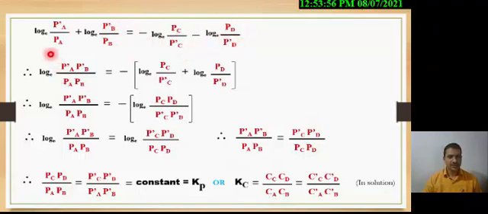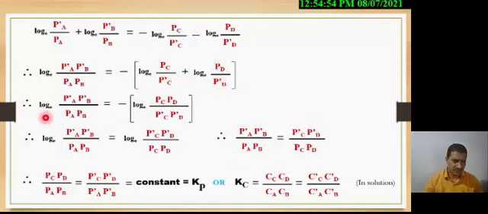Now you know the mathematical rule that log x plus log y is equal to log of x times y. By using this rule, we get ln of (P'A times P'B) divided by (PA times PB) is equal to minus in bracket ln(PC/P'C) plus ln(PD/P'D).